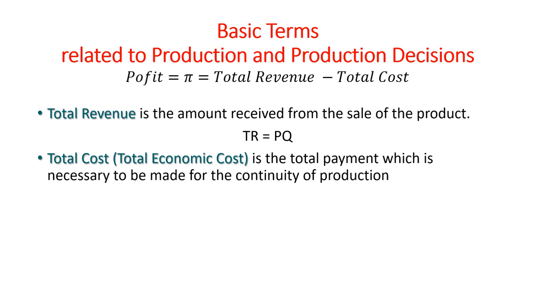That is, the vision of an economist is long term. An economist will want to ensure the continuity of production in future. And to make it happen, all the expenditures that he or she has to make will be summed up as total cost.